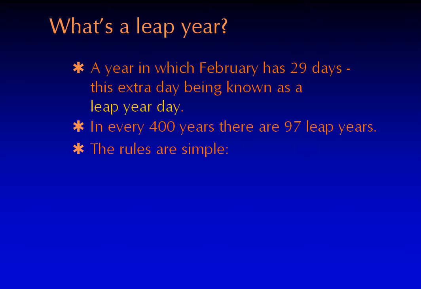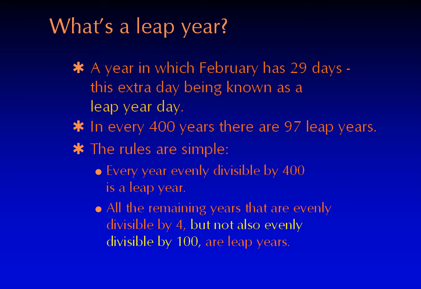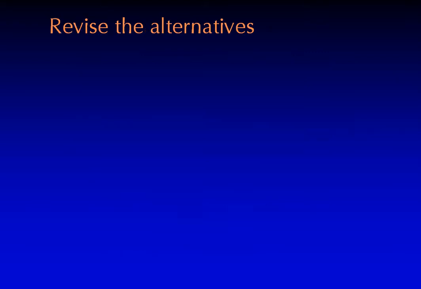The rules are simple. Every year evenly divisible by 400 is a leap year. All the remaining years that are evenly divisible by 4 but not also evenly divisible by 100 are leap years. But let's get back to our problem solving.